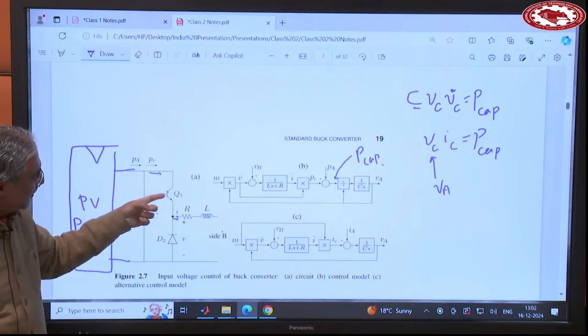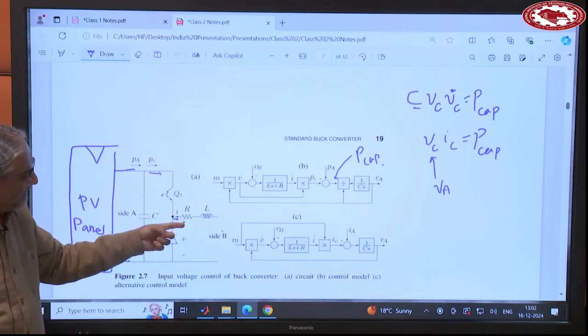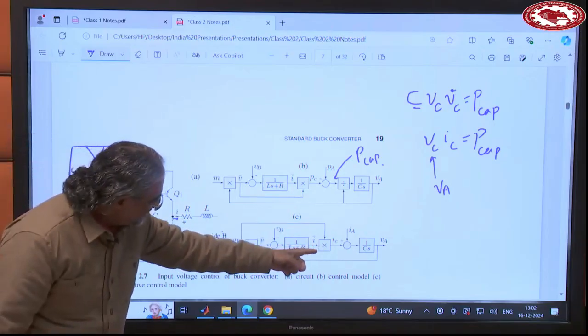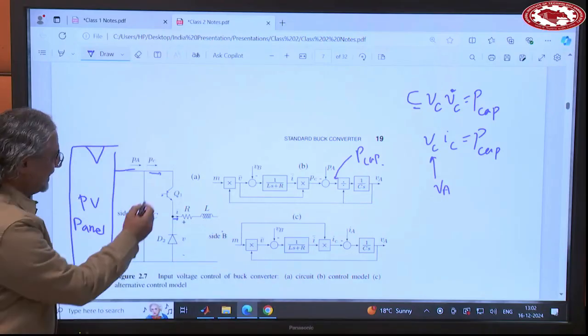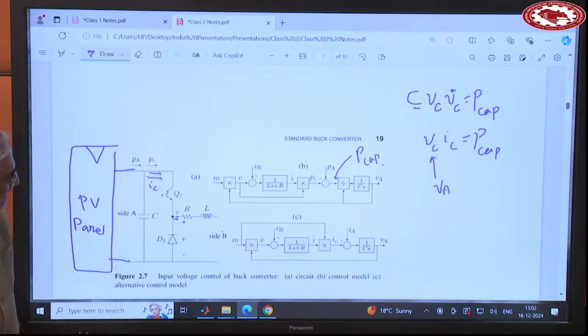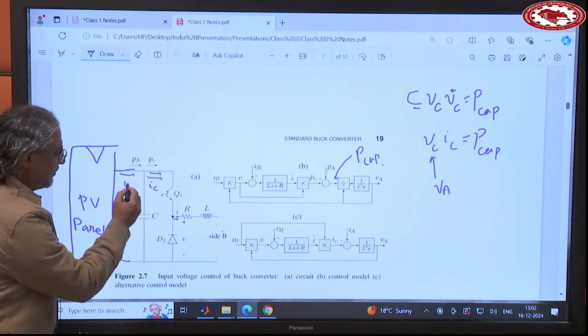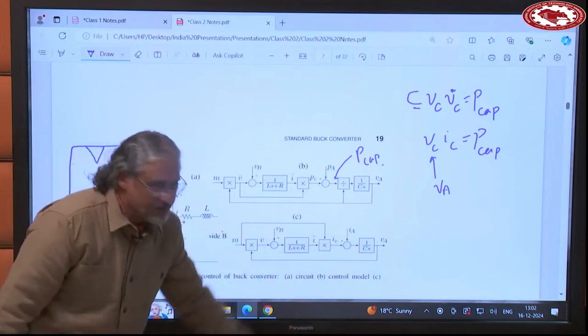When the switch is on, this current is equal to this one. So this multiplication basically says I bar into M is this current, IC. And now IC minus IA, this is the current coming from the panel. Integrate that one, gives you the voltage of the capacitor.